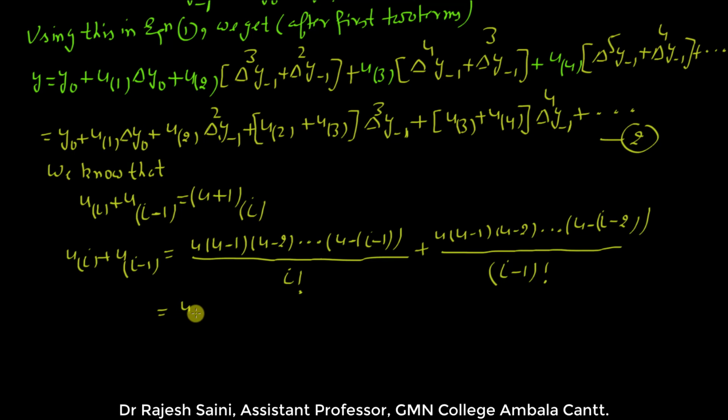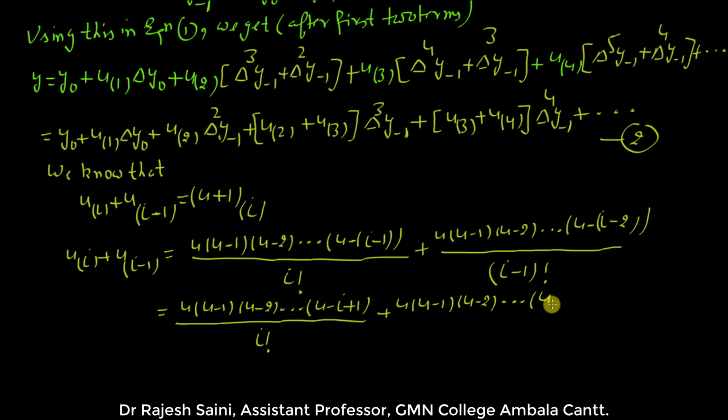So this will be u minus 1, u minus 2, up to u minus I plus 1, divided by I factorial, plus u minus 1, u minus 2 up to u minus I plus 2, divided by I minus 1 factorial.